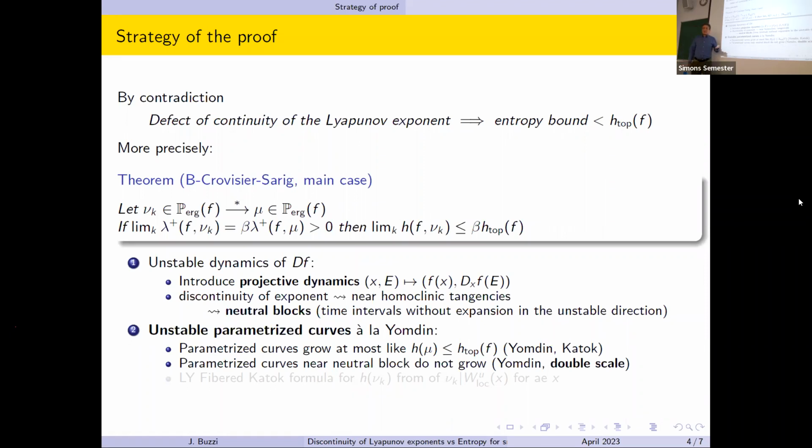So to control this direction of the curve, and to see that as you iterate, the direction of the curve stays almost constant, we will need to use the fact that we are looking at the unstable direction and that this is a measurable function over the space. I warn you, this is the part where things get complicated.